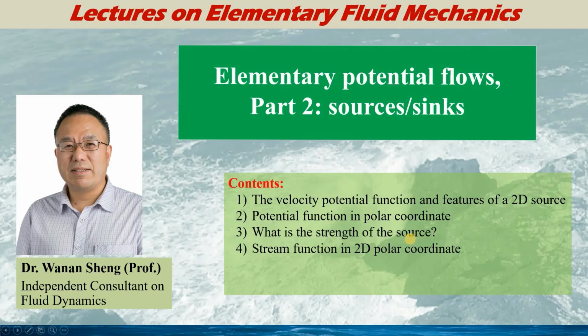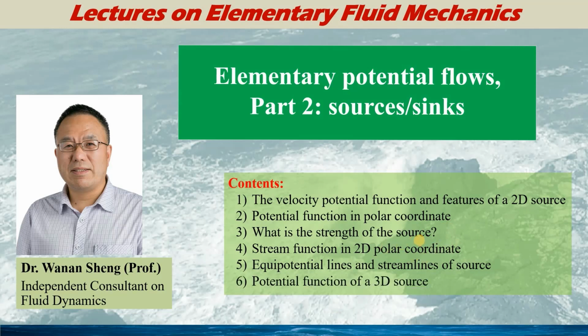Then we will look at the stream function in 2D polar coordinates. Then we will see the equipotential lines and streamlines for a source or sink. And then we will have an examination of the potential function for a 3D source.